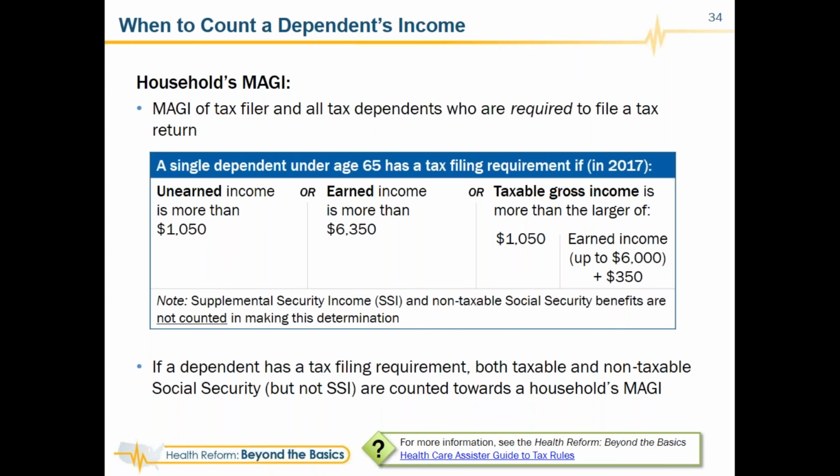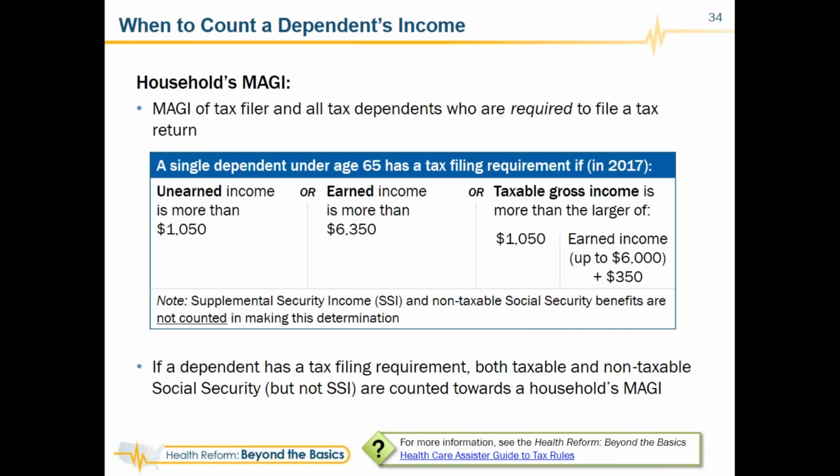So if they meet one of those, if they meet the definition and they have a tax filing requirement, then again, look back up at the top line. The household income is the MAGI of the tax filer and all tax dependents who are required to file. So if the tax dependent is required to file a tax return, we need to include their income on the application at the front part of the year.